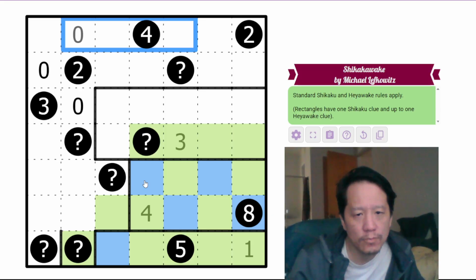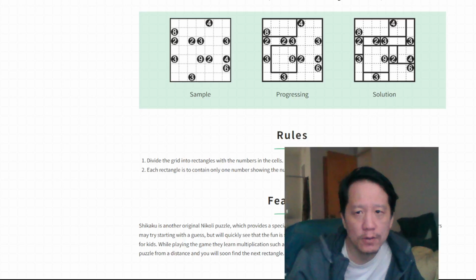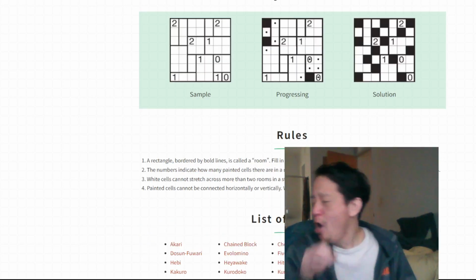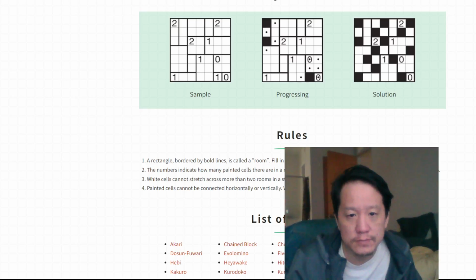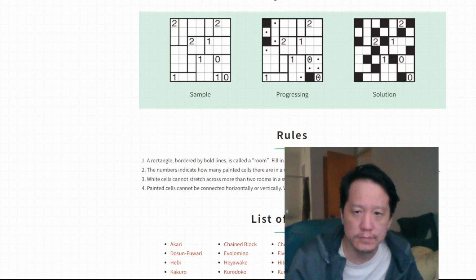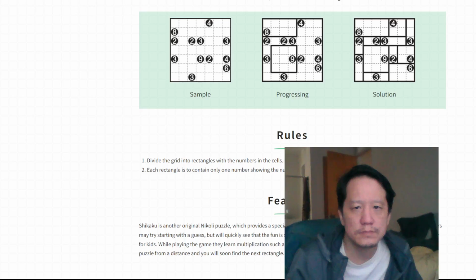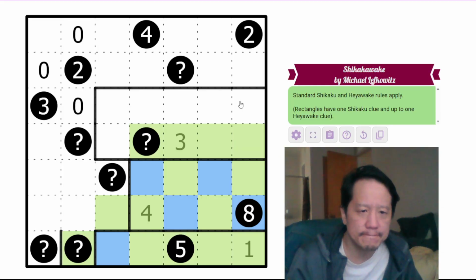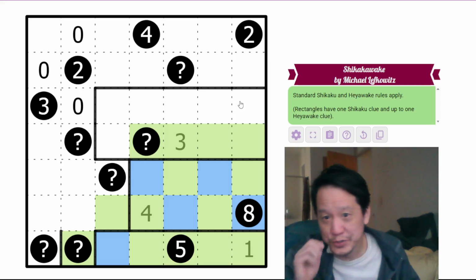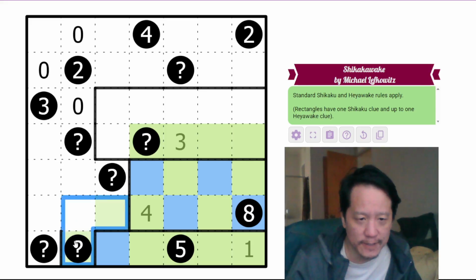Hmm. Okay. Yeah, I have no intuitions about these type of this puzzle here, but hmm.